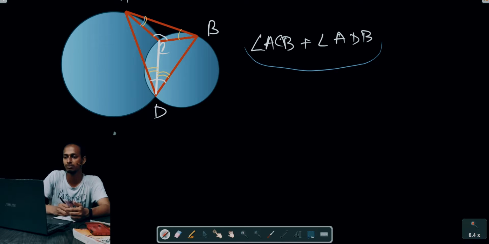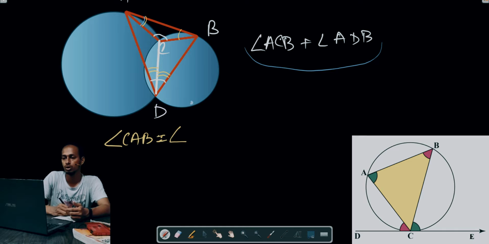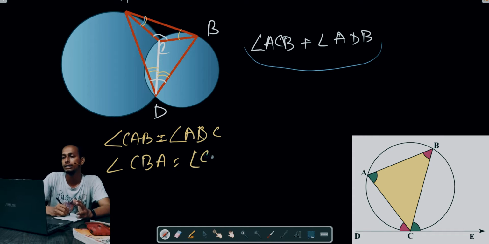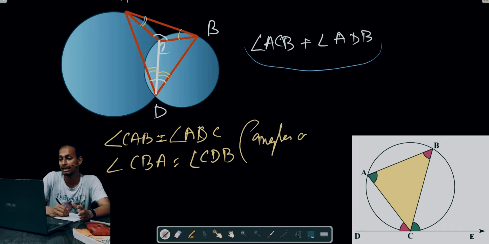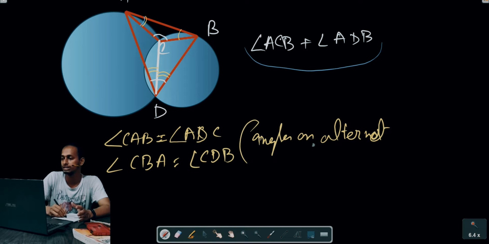We can write it like this: angle CAB should be equal to ADC, and in the same way CBA should be equal to BDC or CDB. Both are for the same reason, that is angles in alternate segments.